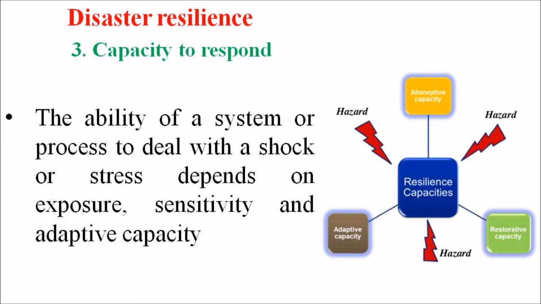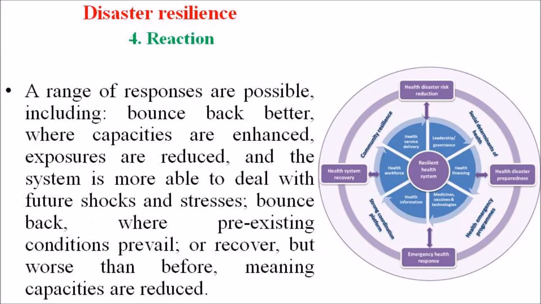The sensitivity includes the degree to which a system can be affected by or will respond to a given shock or a stress, and the adaptive capacity includes how well it can adjust to a disturbance or moderate damage, take advantage of opportunities and cope with the consequences of a transformation.